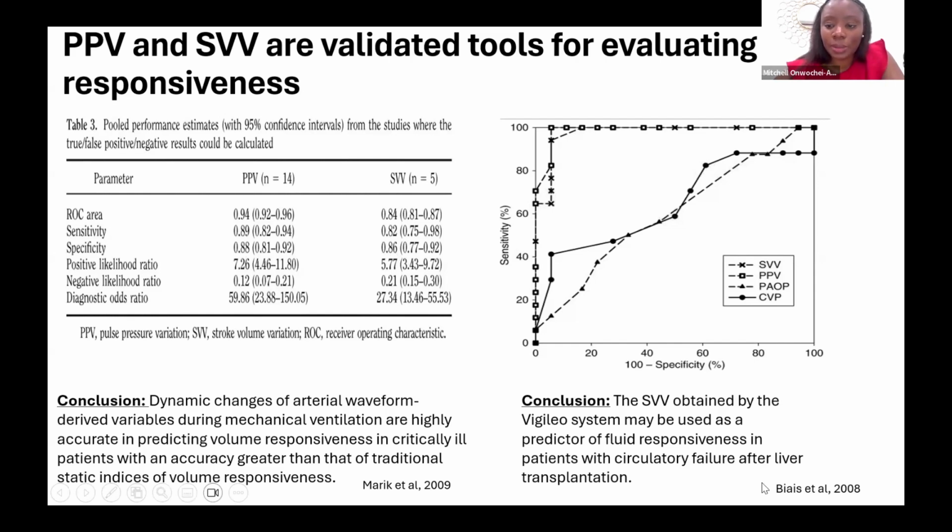And this other study published by Dr. Biasis showed that SVV and PPV had even greater specificity when compared to wedge pressure and CVP. Again, that has to do with the fact that wedge pressure and CVP are static parameters. They give you information on a specific time point, whereas SVV and PPV give you information about a dynamic response.